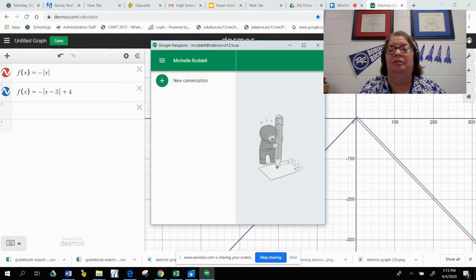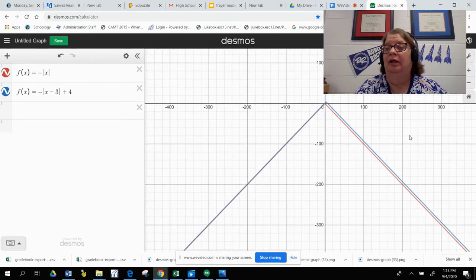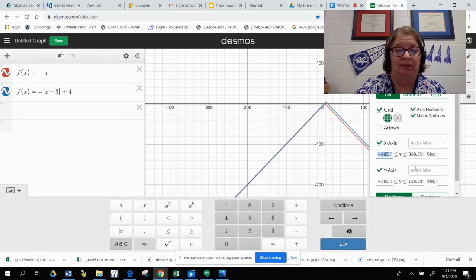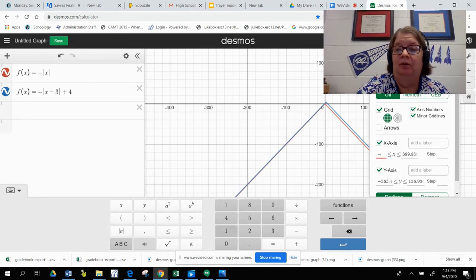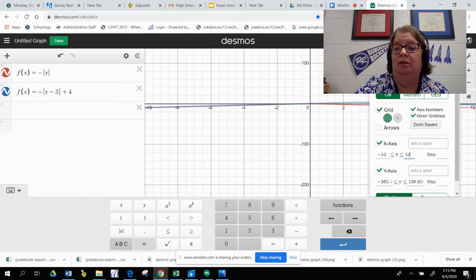Okay, I know an easy way to fix this. Go right here to this little wrench in the corner. I want this x-axis to be from -10 to +10.